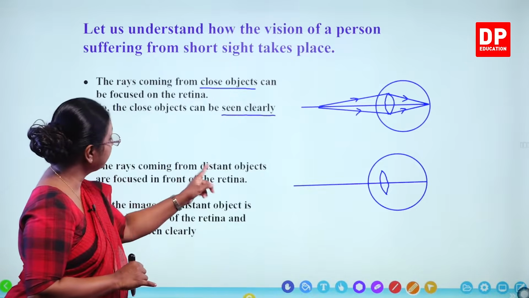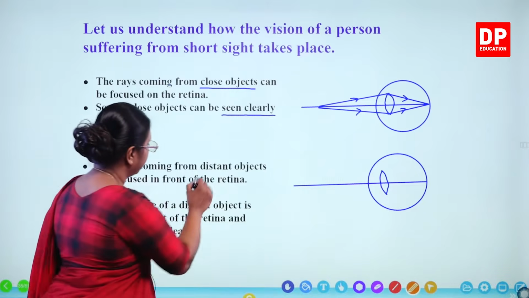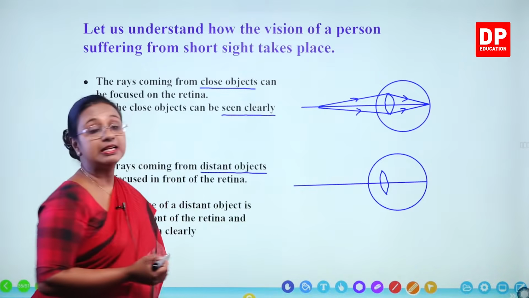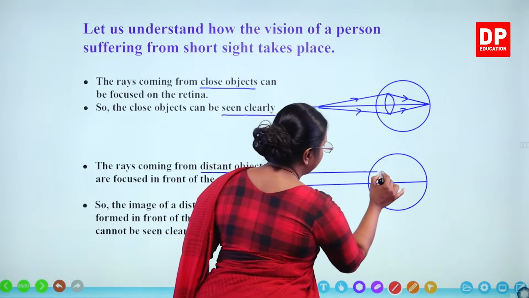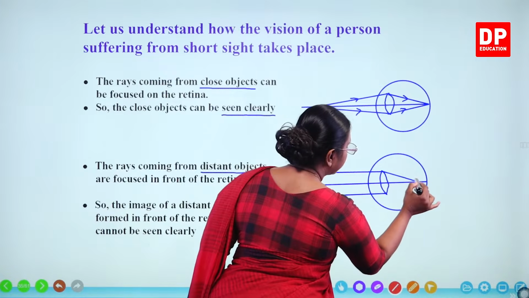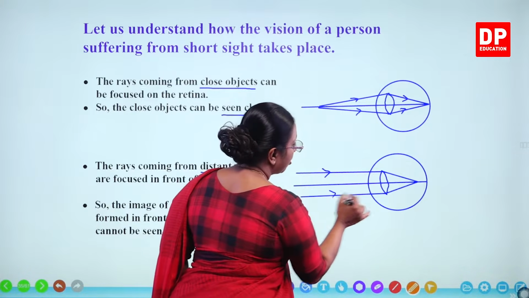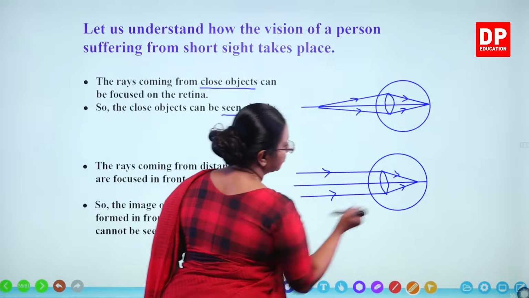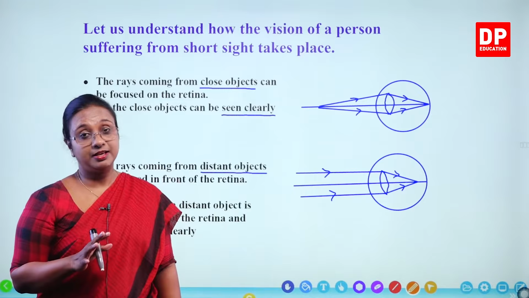The rays coming from distant objects are focused in front of the retina. So if we consider a distant object, the rays have to be parallel rays and they focus in front of the retina, not on the retina. So here you can see the image does not form on the retina.